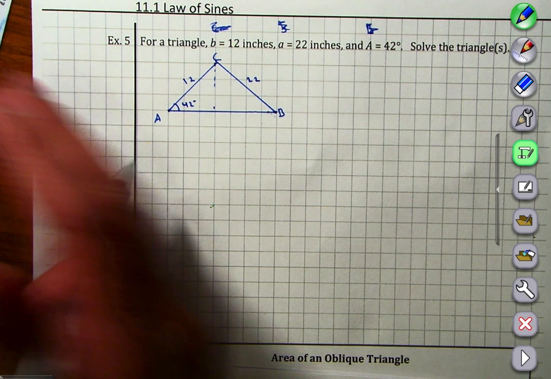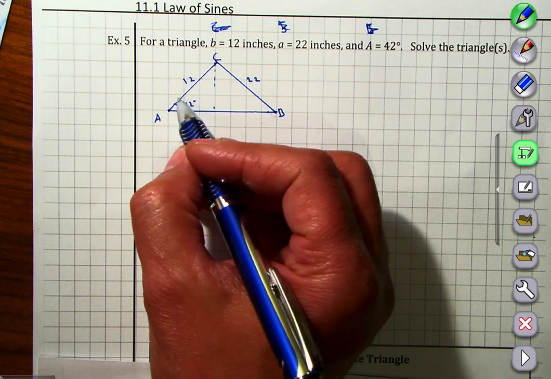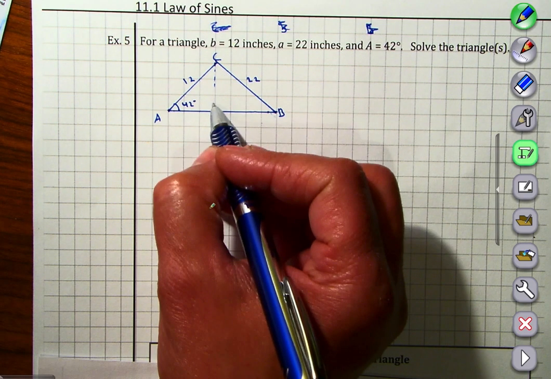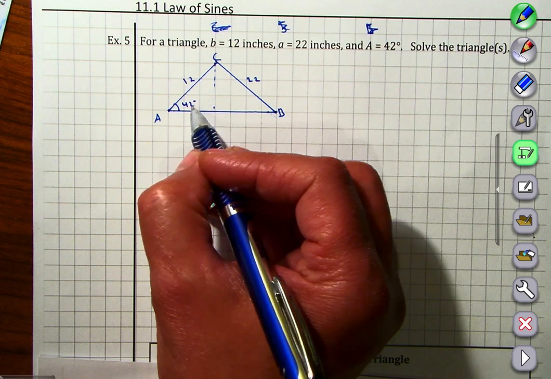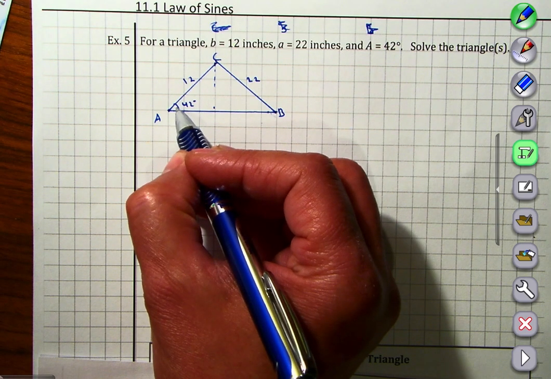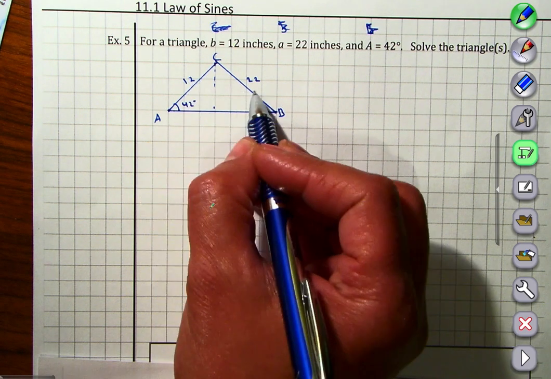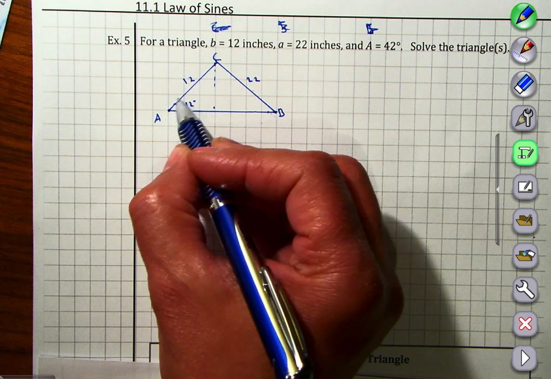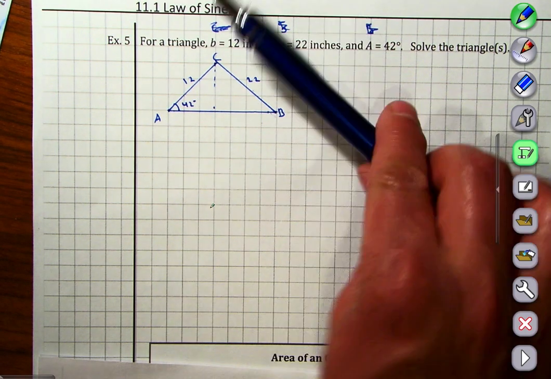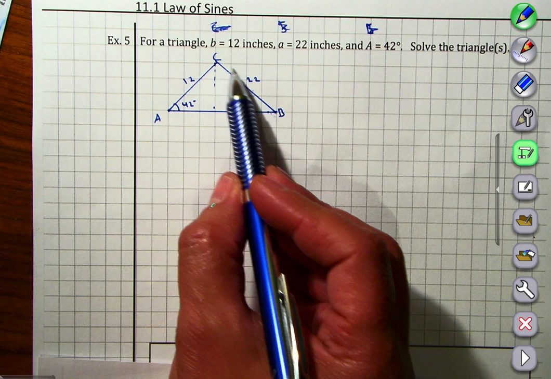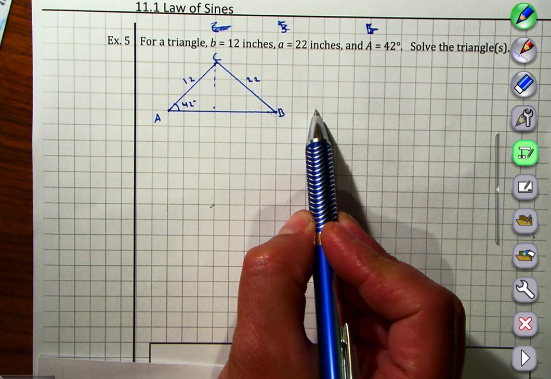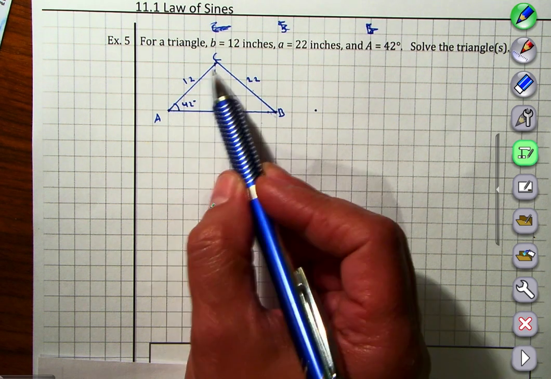That's the nice thing: if you take the time to make a more accurate triangle with angle 42, even though these ones are different, you notice this is 12, so if this is 22 you probably have to open it up much more. It's almost twice the length.